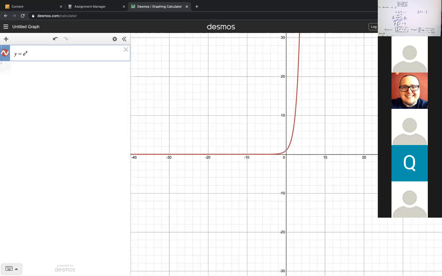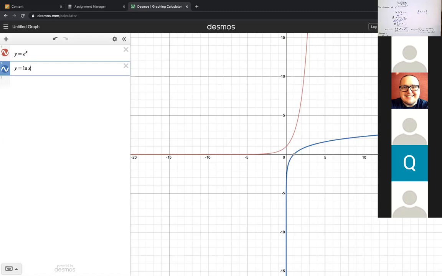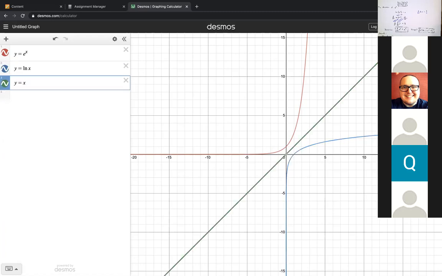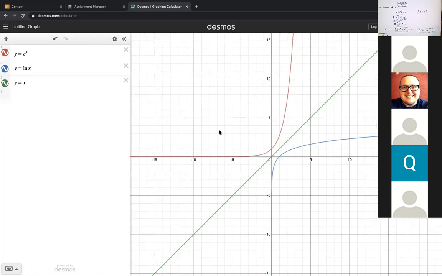Okay, but let's go back in a little bit to where we were. And we know that this is the inverse of the natural logarithm. So let me graph them together. And one thing that we learned about inverse functions is that they're symmetrical over the line y equals x. So this line that I graphed in green, if we mirror these two functions across the line, you can see the symmetry.